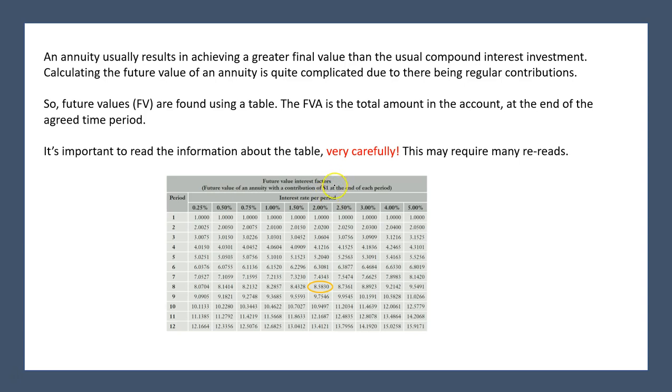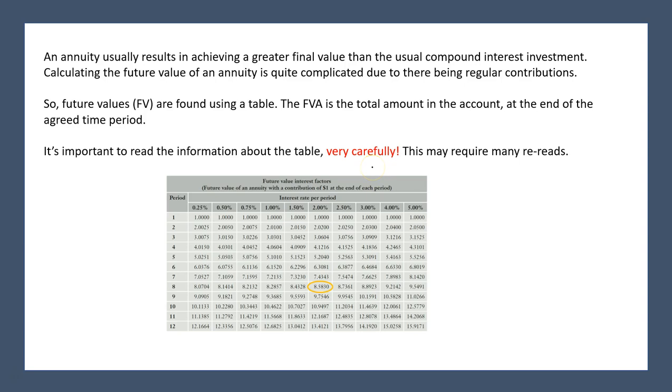You might think that's unusual and probably not very realistic, and that's true. So what we will do, however, is it's still a valuable table, because we will just be multiplying the entries out of the table by the value of our deposit.